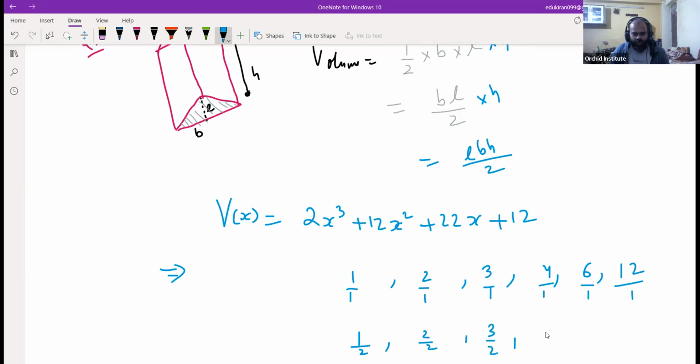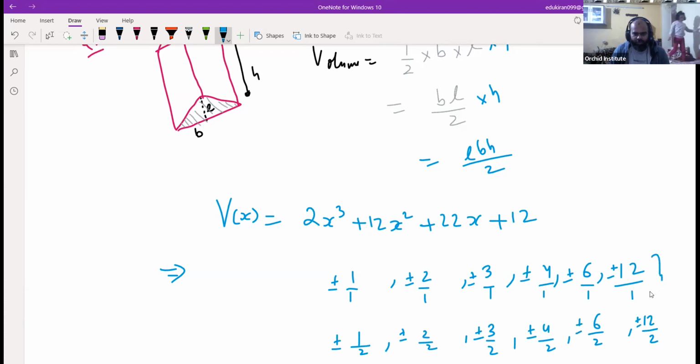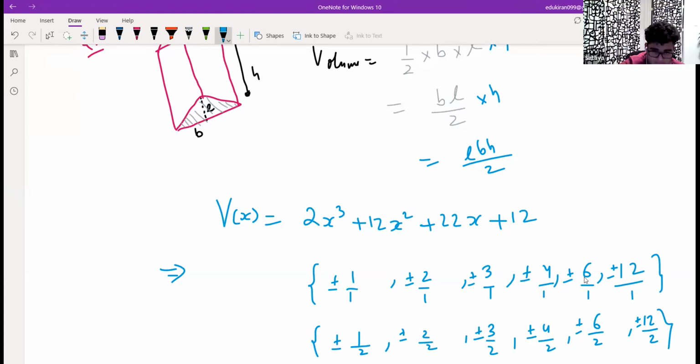So there are too many rational roots to find, but we may not have to work too much for them; we'll get one initially. Can you check which will be one root? This is clear now. Yeah.